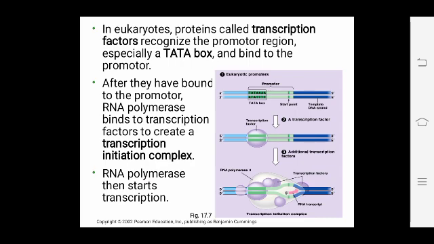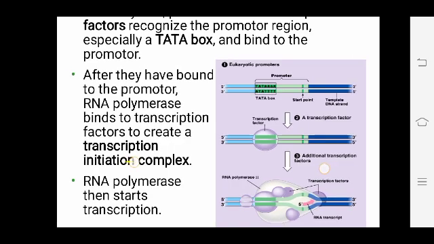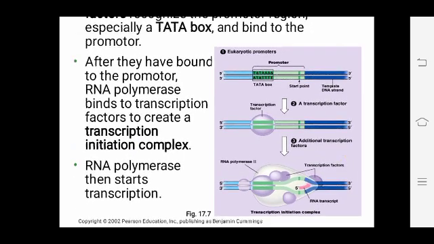As you can see in the figure, after the transcription factors have bound to the promoter, RNA polymerase binds to the transcription factors to create a transcription initiation complex. Then transcription starts.